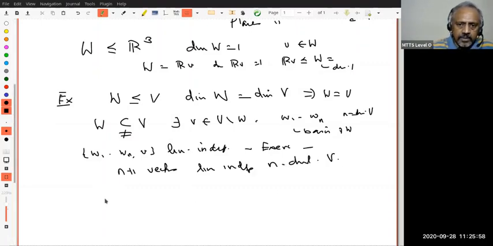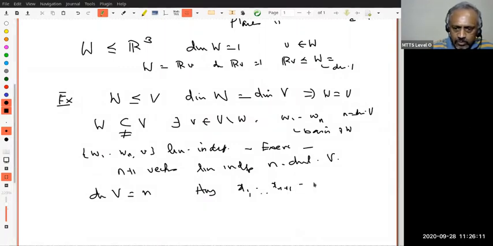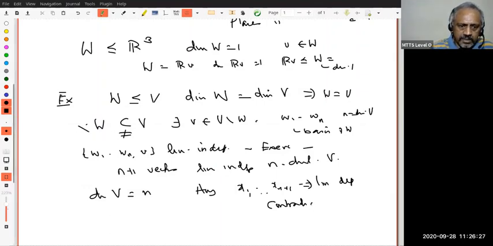But we have seen that if the dimension of V is n, then any n plus 1 vectors x1 to xn plus 1, not necessarily distinct, will always be linearly dependent. So that's a contradiction. It follows that this cannot happen. Therefore, W must be equal to V.